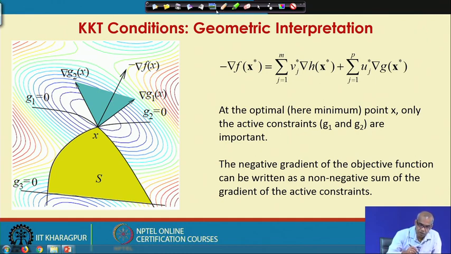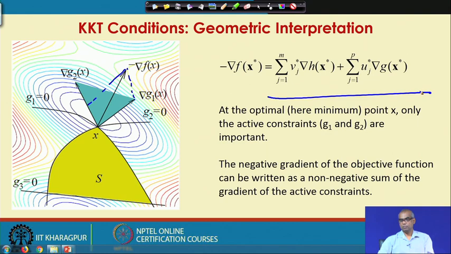The drawing was not correct, but if you draw it correctly, you can easily show that the negative of the gradient of the objective function is the sum of the gradients of the active constraints.